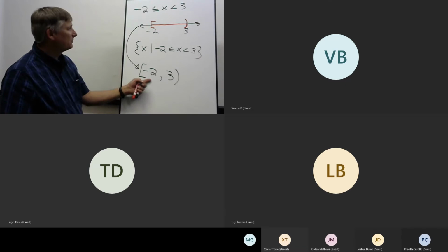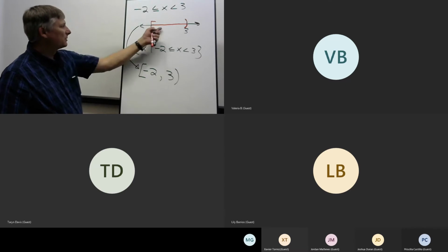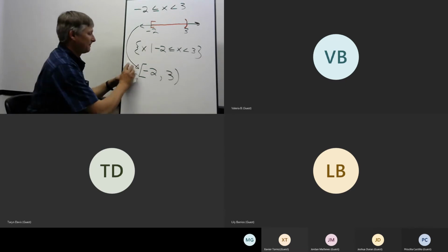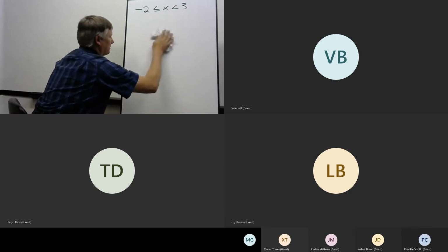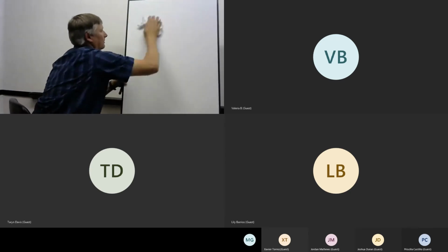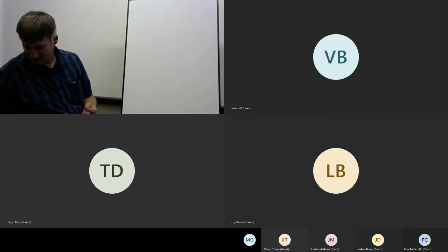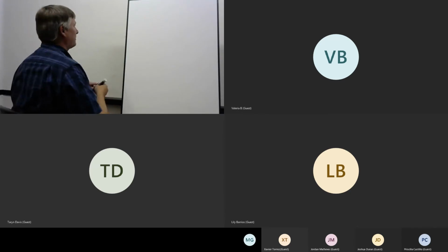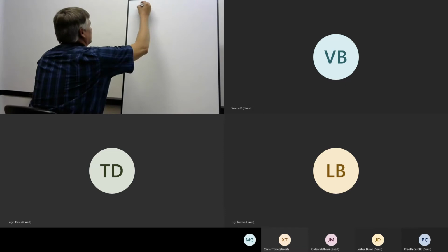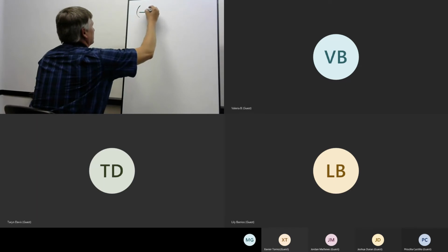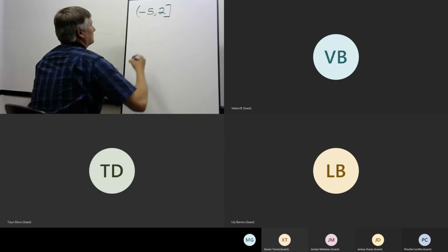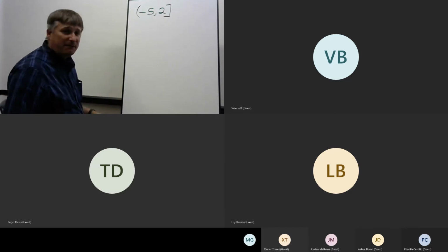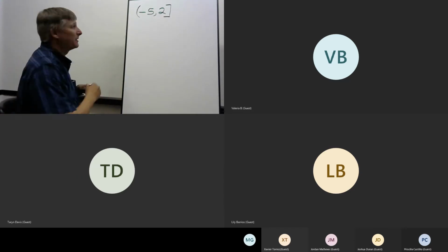Now, we can start with intervals and go to number lines in set builder. So again, if it helps, we can draw this on a number line.